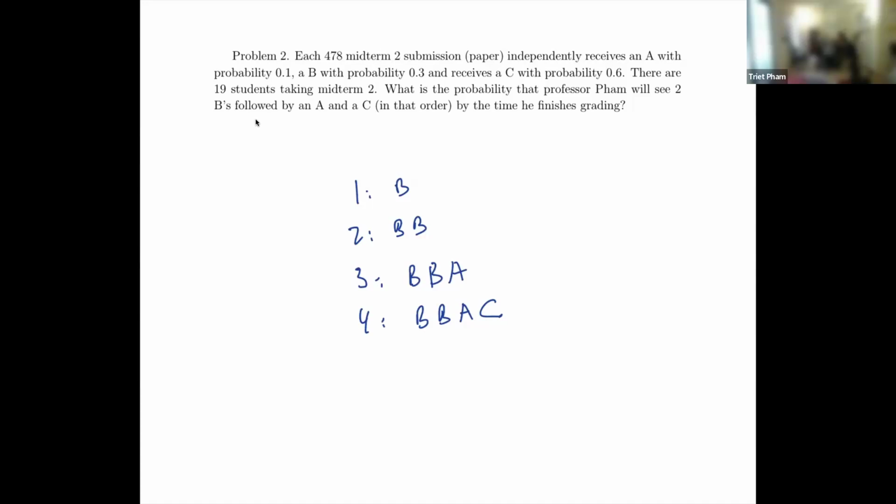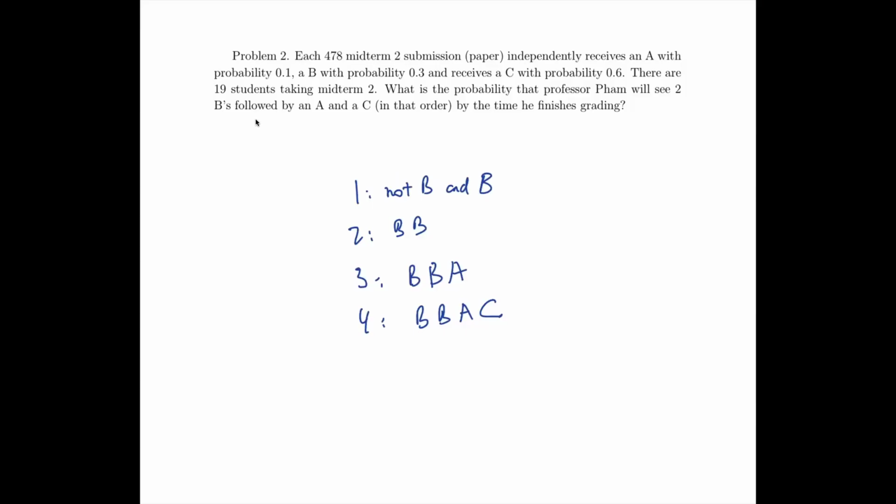So this is a B, but if we want to be careful, what do we want to say here? A not B and then a B. That would be state one. Do we agree? Yep. And then zero as no pattern, right?